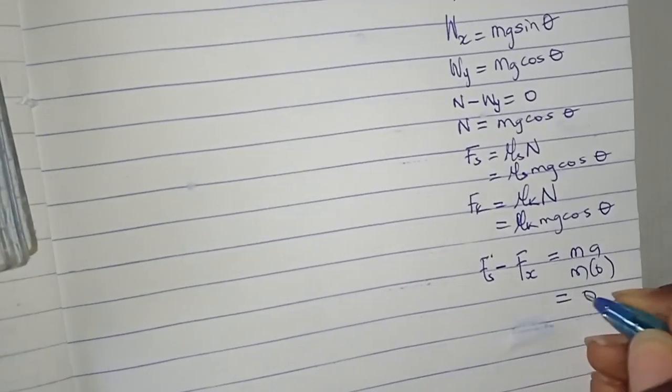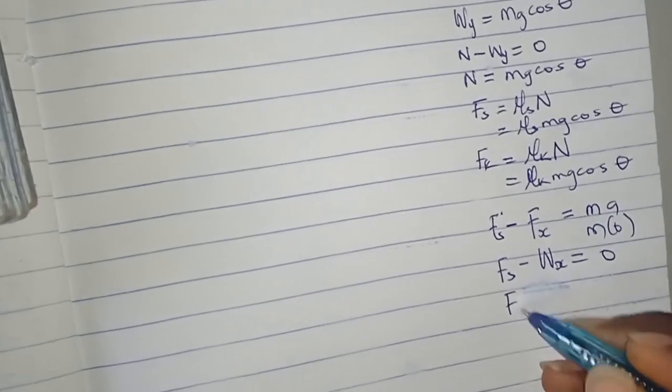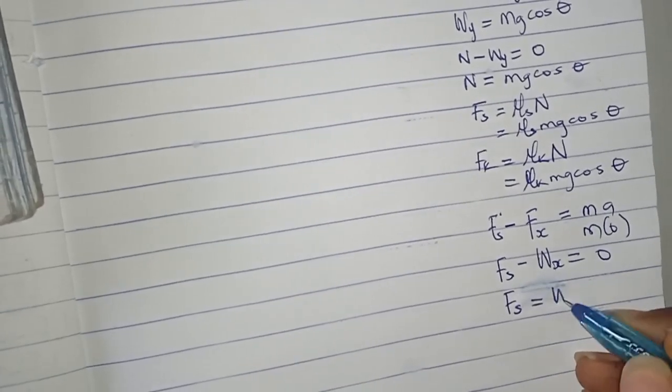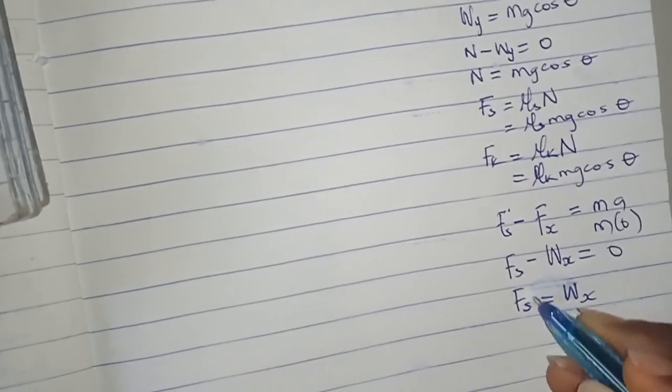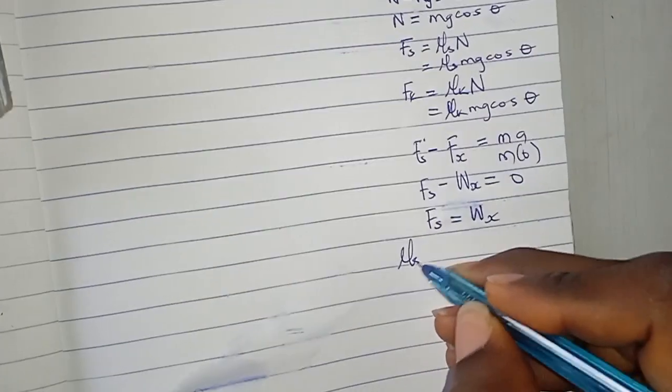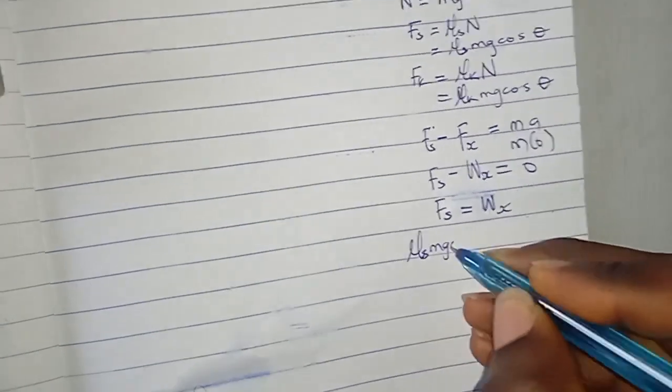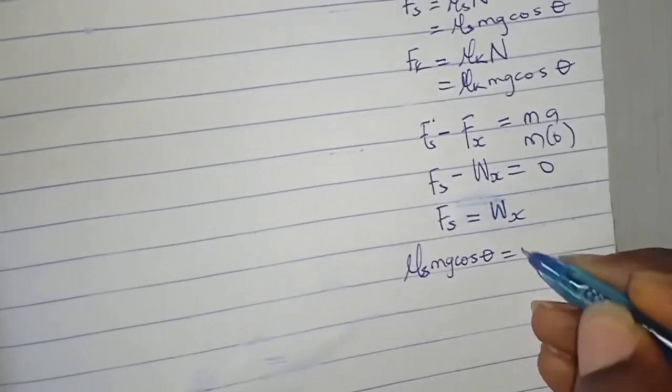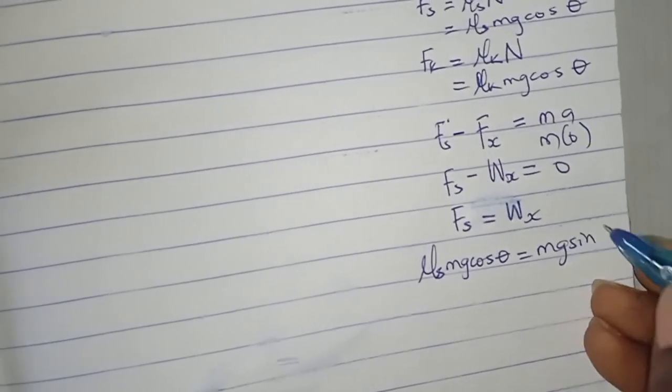So it will be equal to 0. And the force on x is the weight on the x-axis minus f of s. So coefficient of static friction times mg cos theta is equal to mg sine theta.